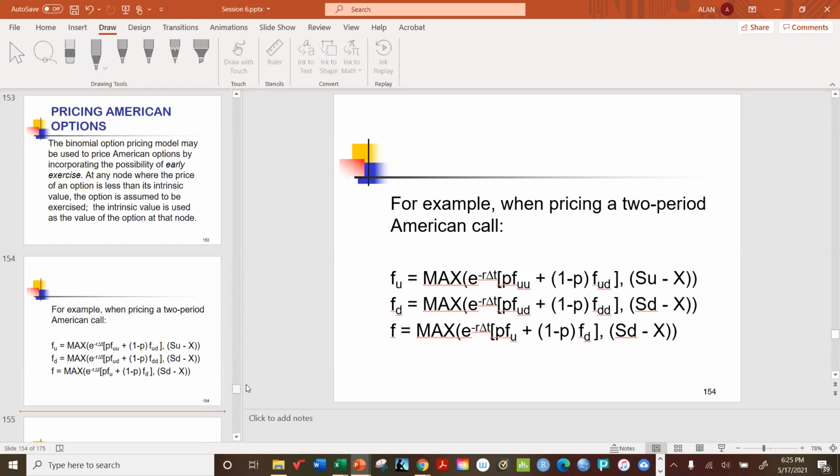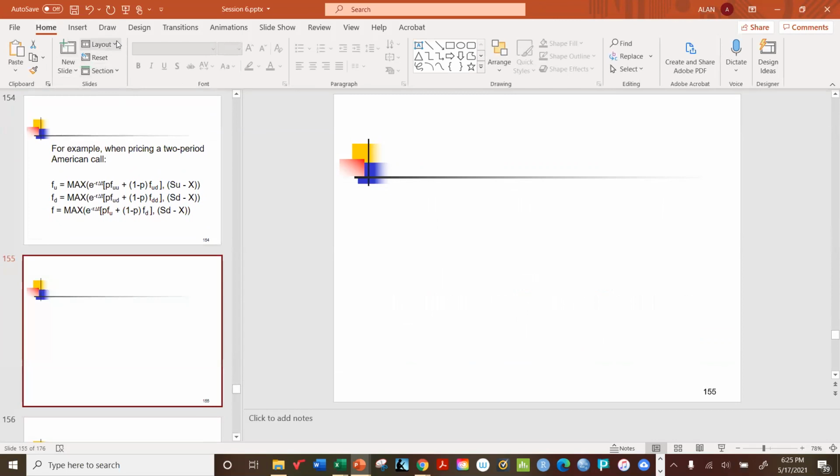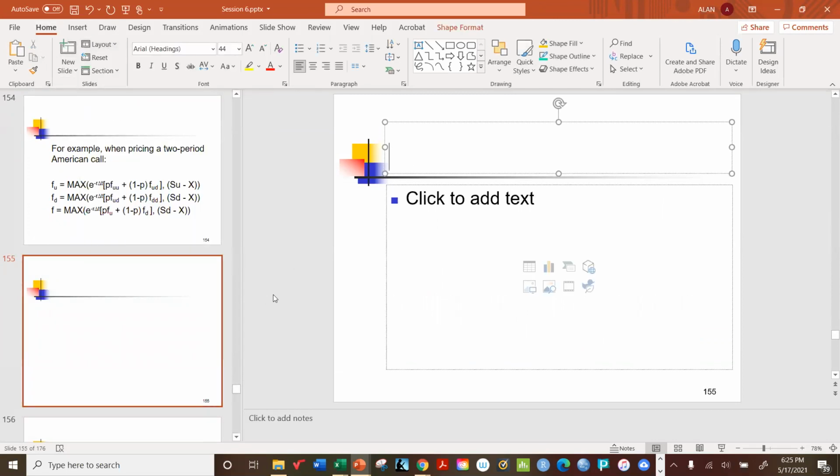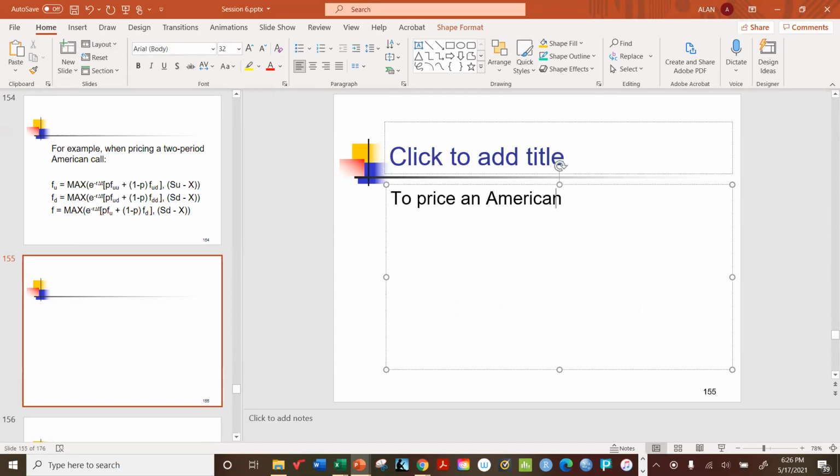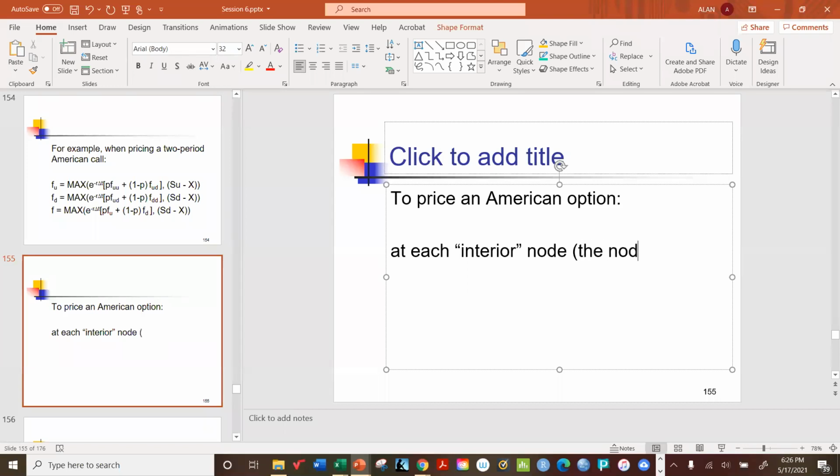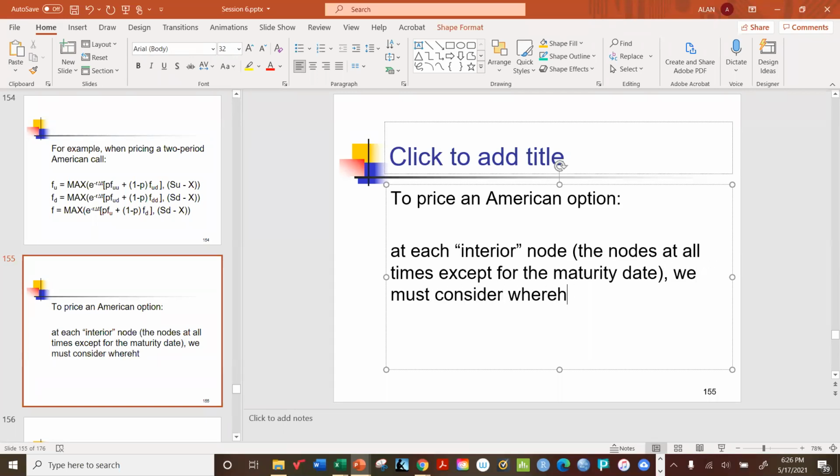For each interior node, at all times except for the maturity date, we must consider whether or not it makes sense to exercise the option early. That's what we have to decide.